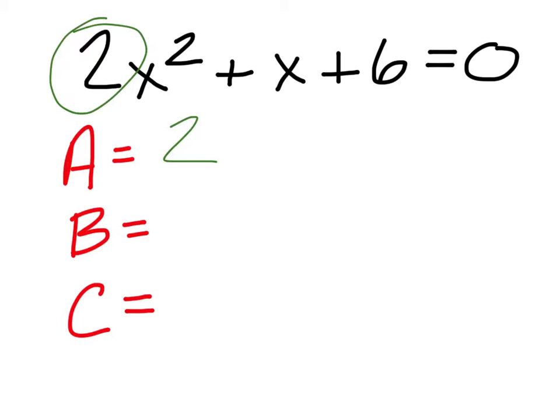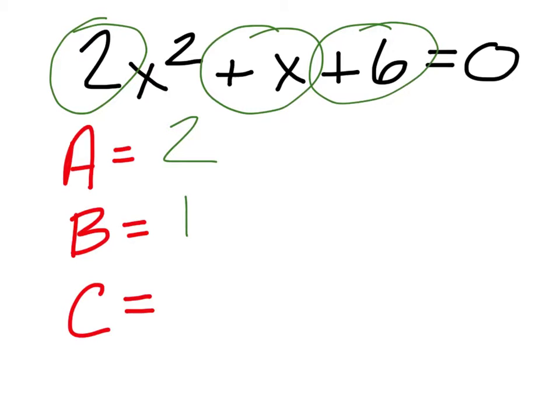So you'd have a 2. The b is the number that's next to x and the sign with it. What is that number next to x? 1, yes. So we put a 1 down. And c is just your constant number at the end with the sign that goes with it. 6. So 2, 1, 6 is a, b, c.